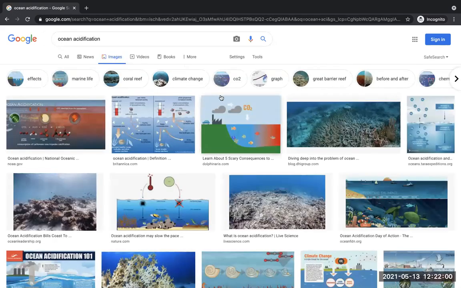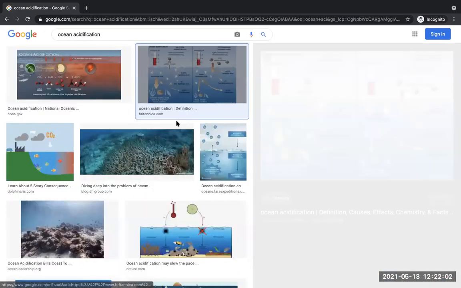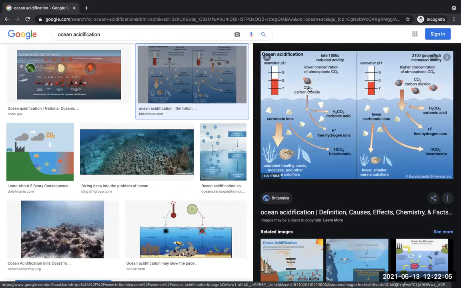So what happens when this carbon goes in the ocean? When it combines with water, it turns into carbonic acid. The implication is that if a lot of carbon dioxide is going into the ocean, it's going to make lots of carbonic acid, which is going to cause the oceans to be acidic.